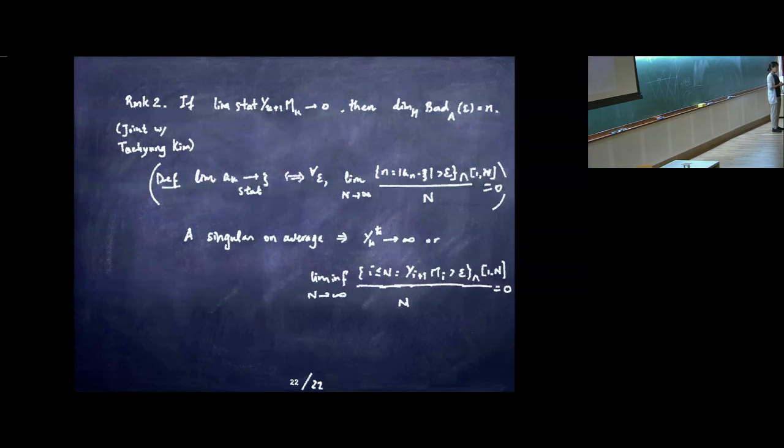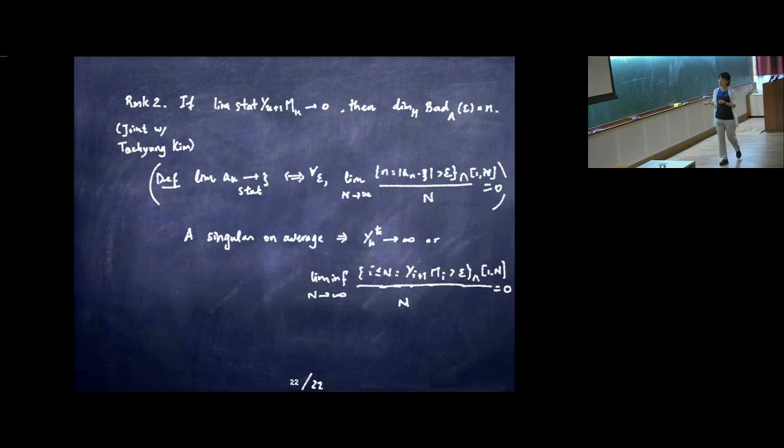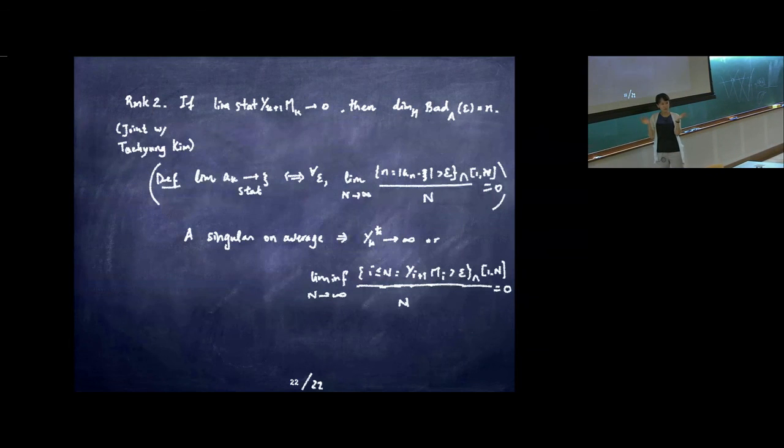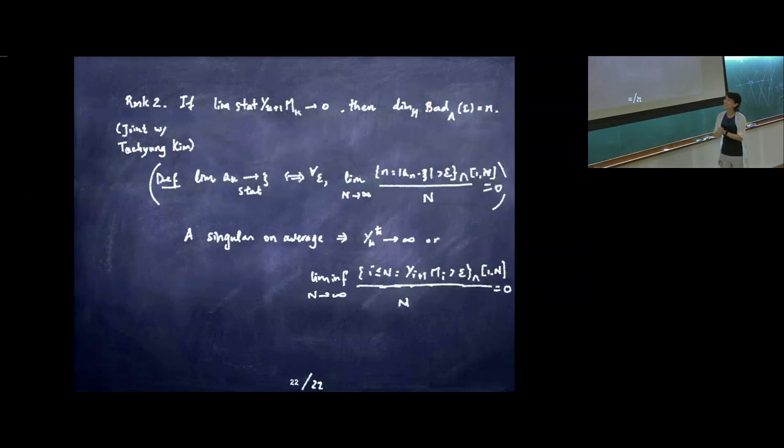We also show that if A is singular on average, then either yk to the power 1 over k goes to infinity, or the lower density of the times that y_{i+1} m_i is bigger than epsilon is equal to 0. So first we thought this limit is 0, then it's done, the whole question is solved, but it's only a lim inf, so it's only the lower density. So that's the remaining part.